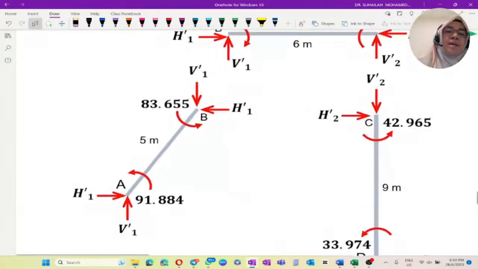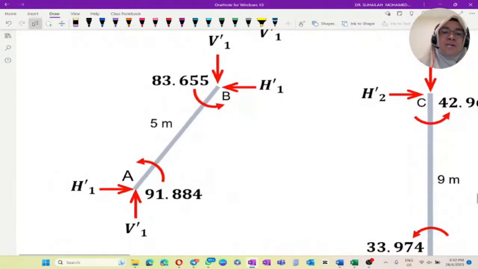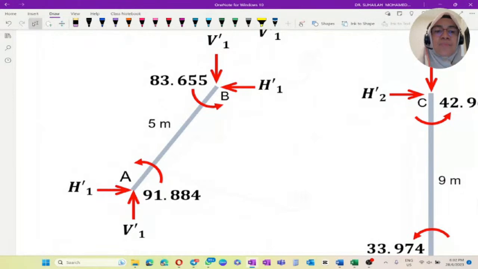So for member AB, this is actually the internal forces that occur for member AB at A, because we know that there are three internal forces. There are three internal forces in X direction, in Y direction, and in Z direction. In X, Y, and Z direction, vertical, horizontal, and in Z direction.